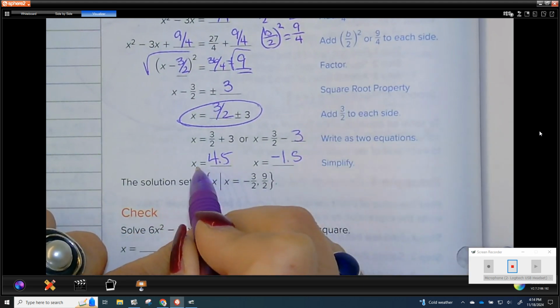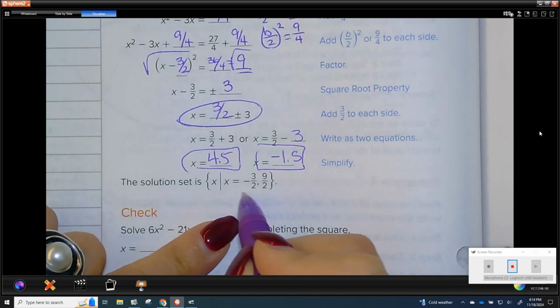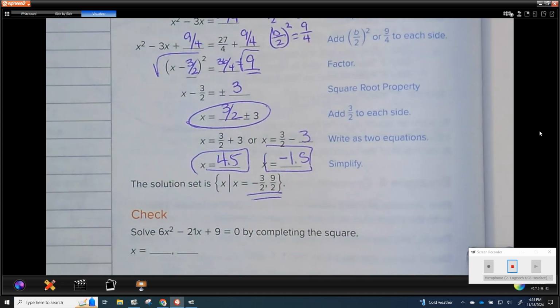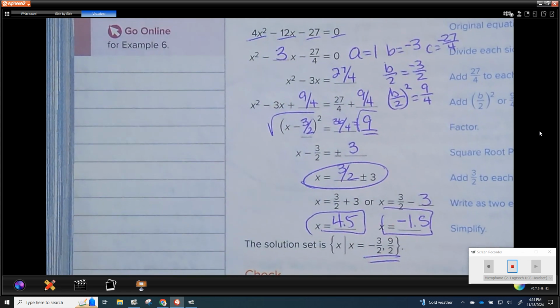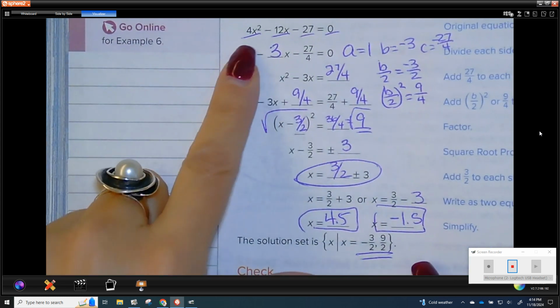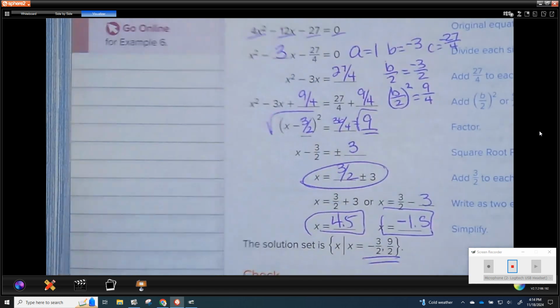You could write them as decimals, which you would use for graphing, or you could keep them as fractions. Let's go to this one and write the vertex form. This one's a little different because of the 4. I don't think I divided before. No, I didn't have to divide out the number.